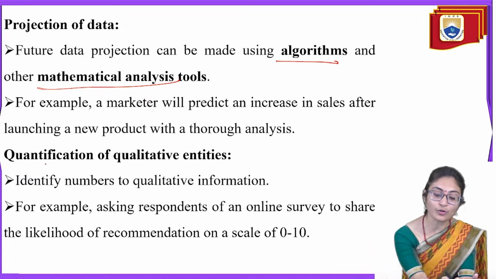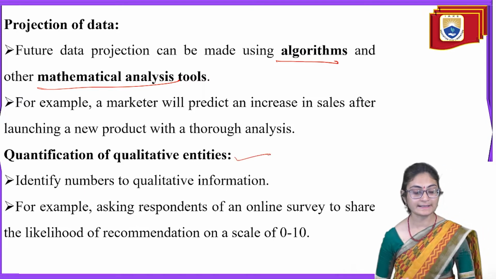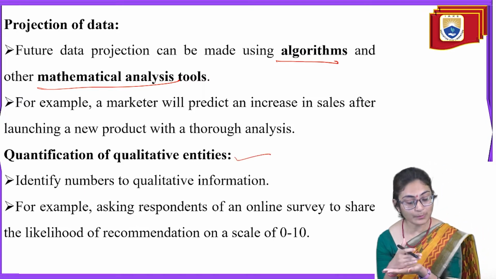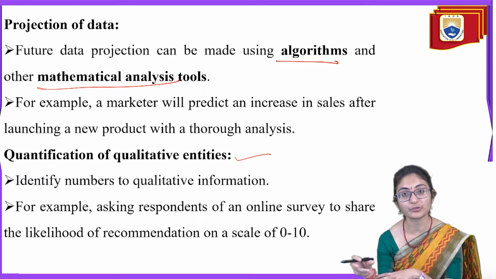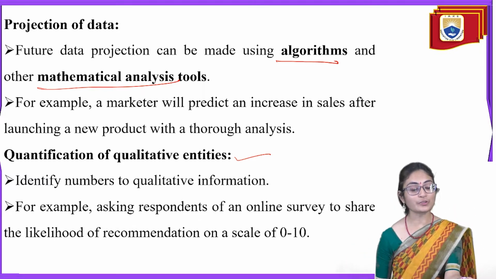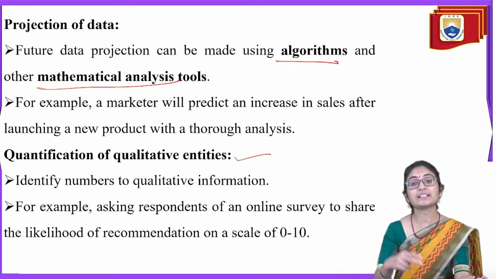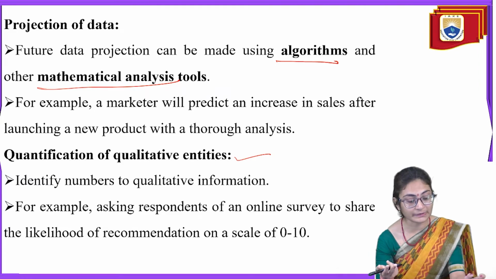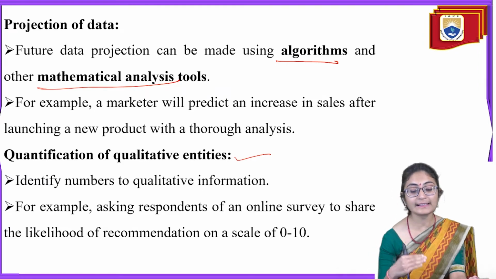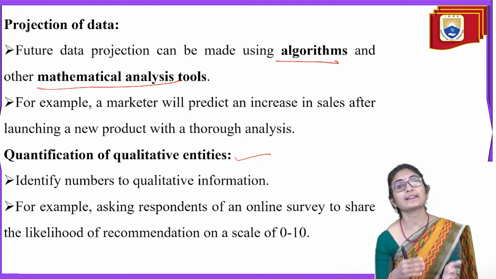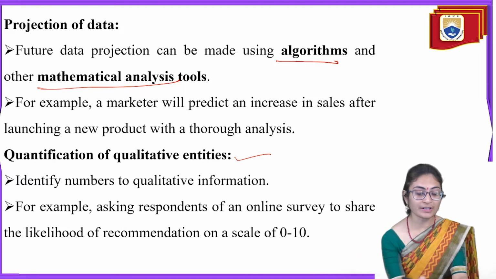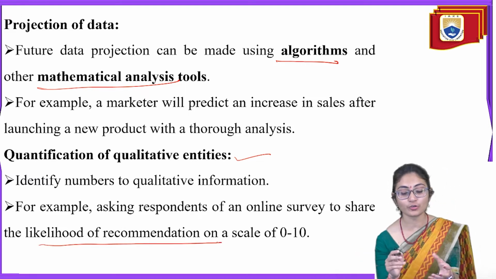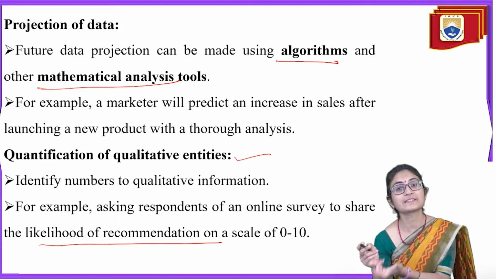Then quantification of qualitative entities. Identify numbers for qualitative information. For particular qualitative information, it will identify some numbers. For example, asking respondents of an online survey to share the likelihood of recommendation on a scale of 0 to 10.